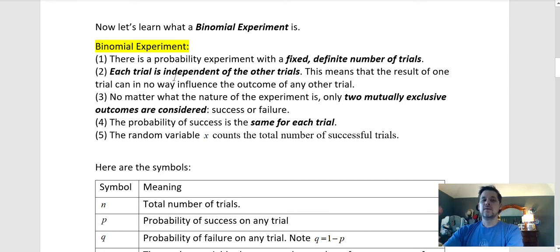Okay, and each trial of the experiment is independent of all the other trials. Well, what does it mean when I say they're independent? That's a word we've used before when we learned about probability and just calculating probabilities. For me to say that each trial of the experiment is independent of the others means that whatever happens in one trial can in no way influence what happens in the next one or any of the others.